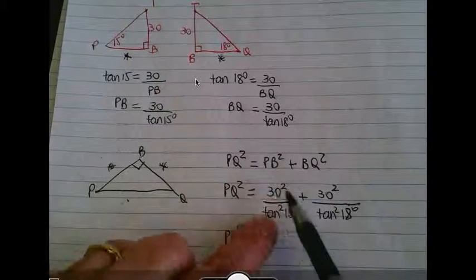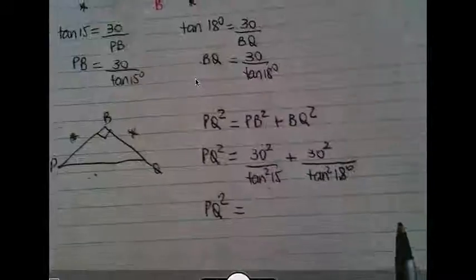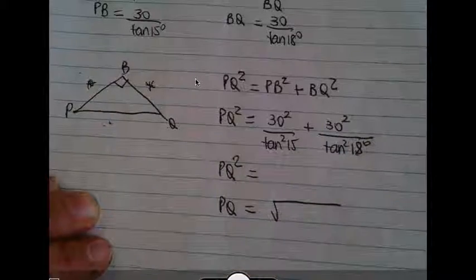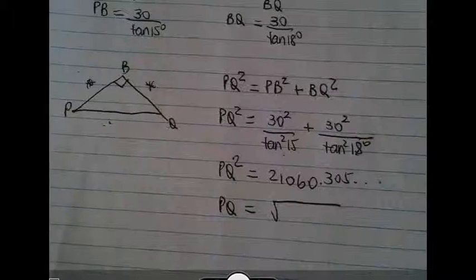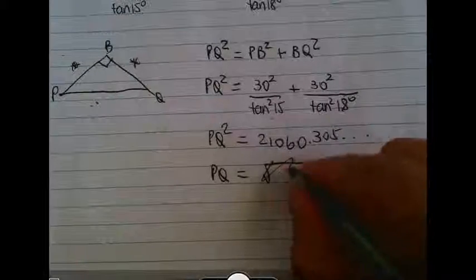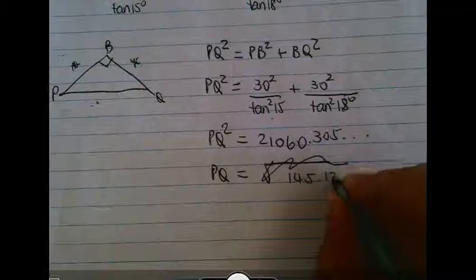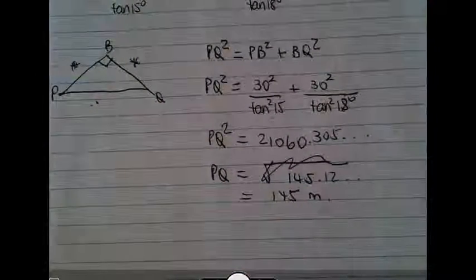You just substitute in. I'm going to write the squares straight away. Isn't that easy to enter on your calculator? We get an answer for that, and PQ will be the square root of whatever it was. So PQ will be the square root of 21,000, which is 145.12, so it's 145 meters to the nearest meter.